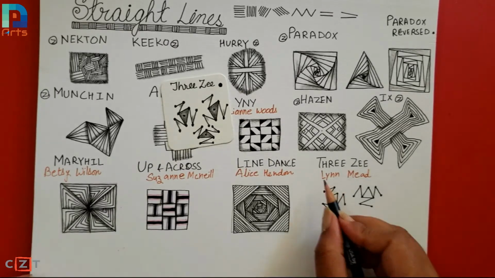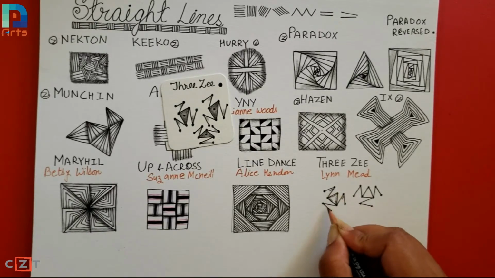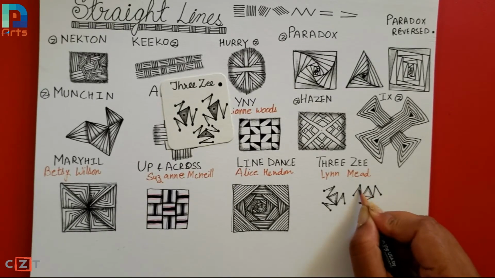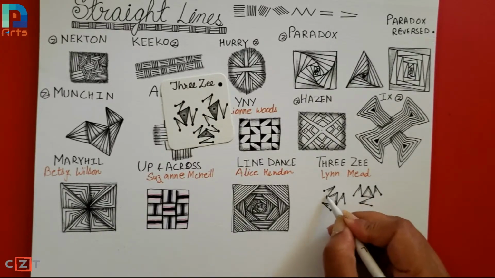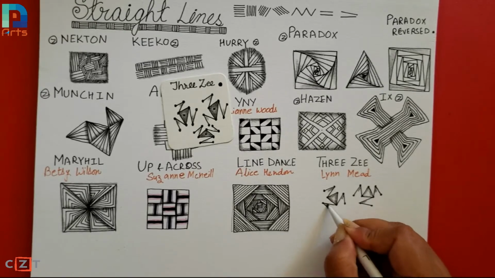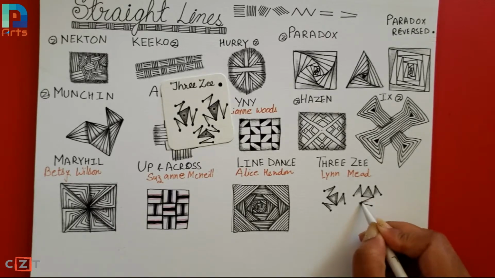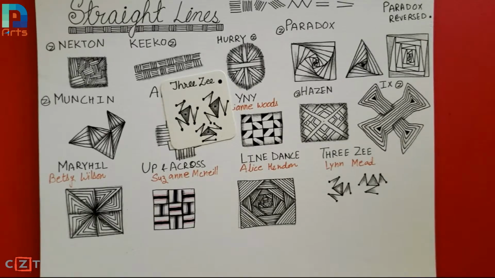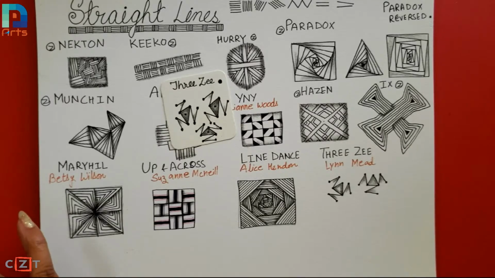But yes, the name says 3 Z's, so they are 3 Z's. And you can shade them whatever way you feel like. Easy filler tangle or texture tangle. You can draw them a little bigger or smaller. So this is the 3Z tangle by Lynn Mead. Beautiful one. And now let's draw one more quickly here.